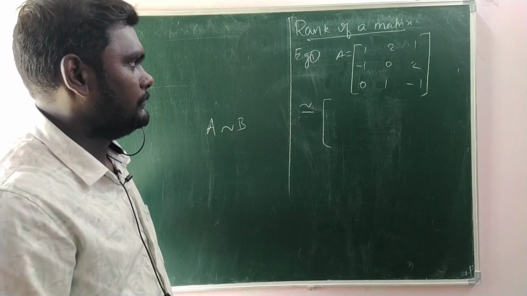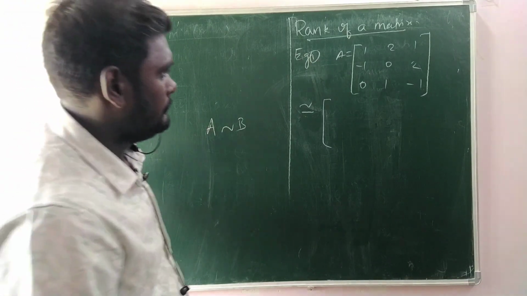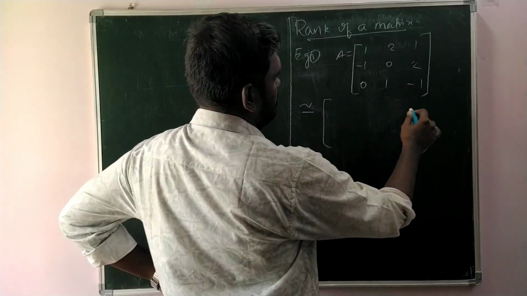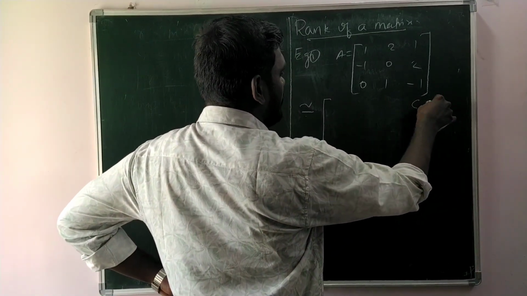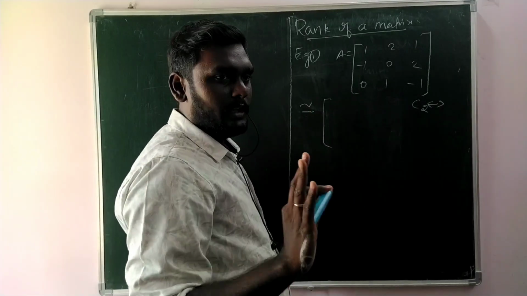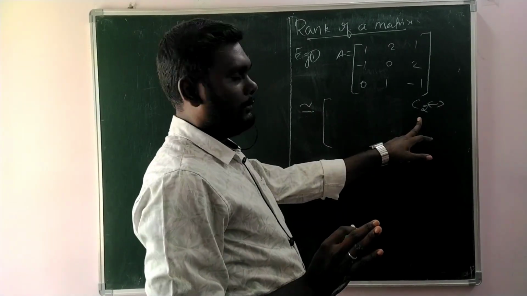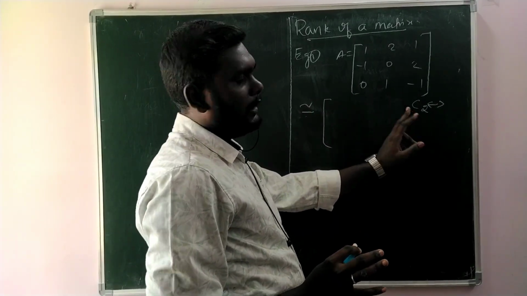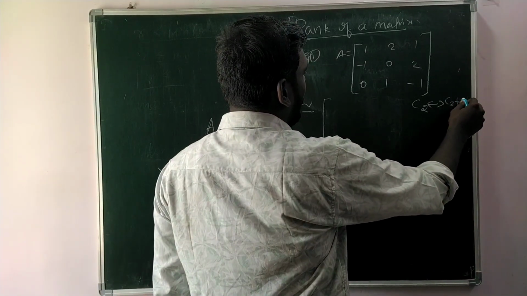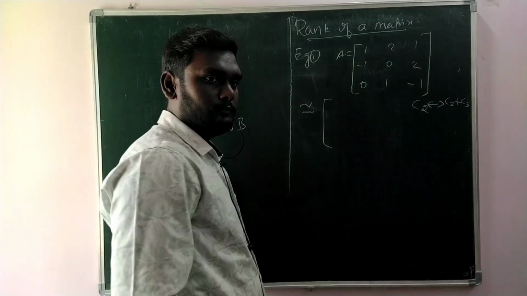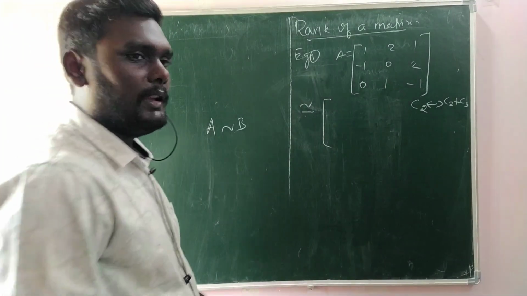See, first we should write which column we are going to apply the change. It is on column 2. After that, what operation are we going to do? We are going to add column 2 plus column 3. Okay. C2 plus C3 written.